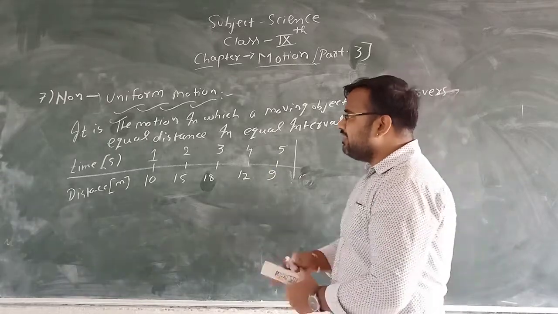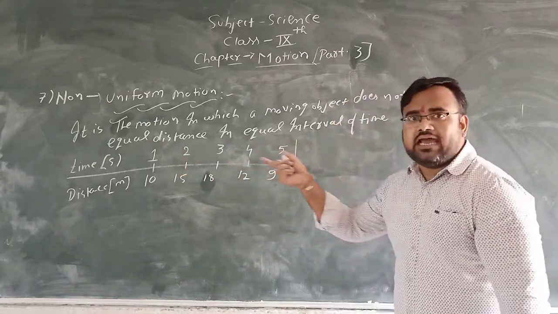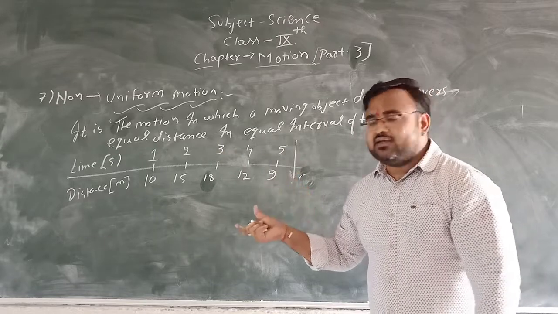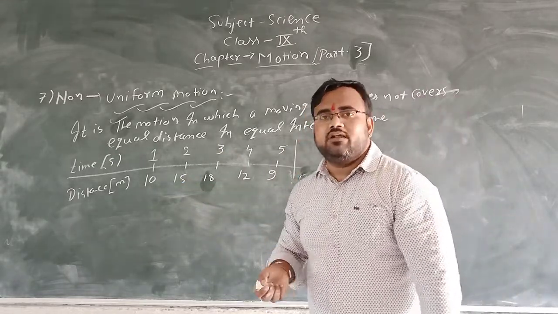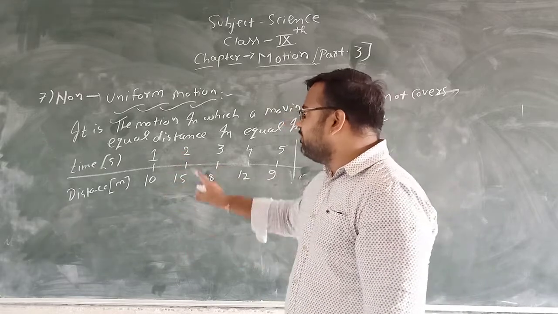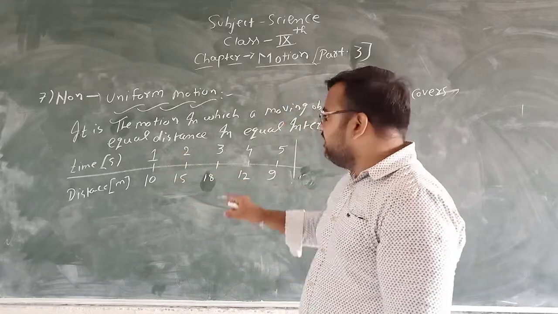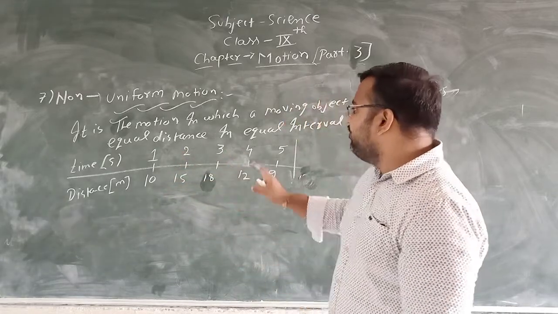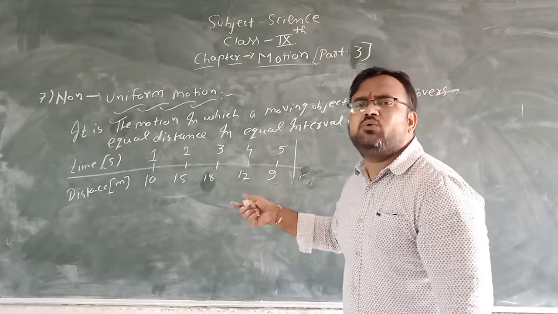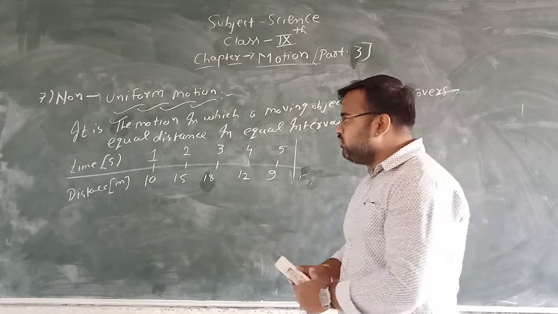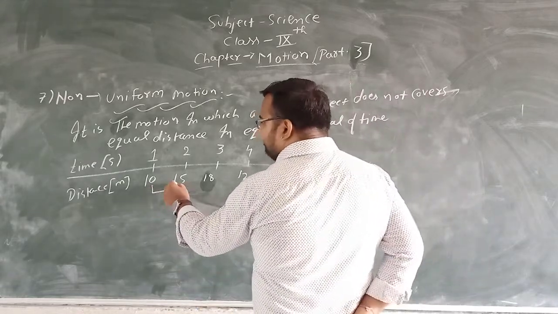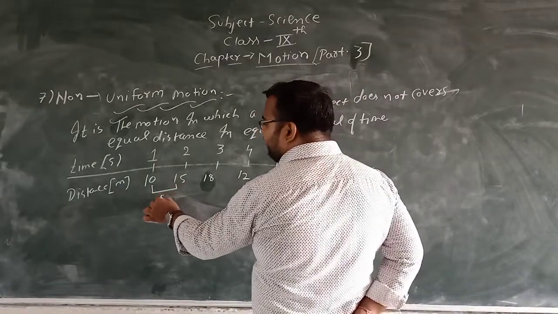Okay, so you can see time is equal, time interval is equal, but the distance covered by an object is unequal. First second 10 meter, second second 15 meter, third second 18 meter, fourth second the object cover only 12 meter, and in fifth second object cover 9 meter. So you can see the difference between the distances is 5.